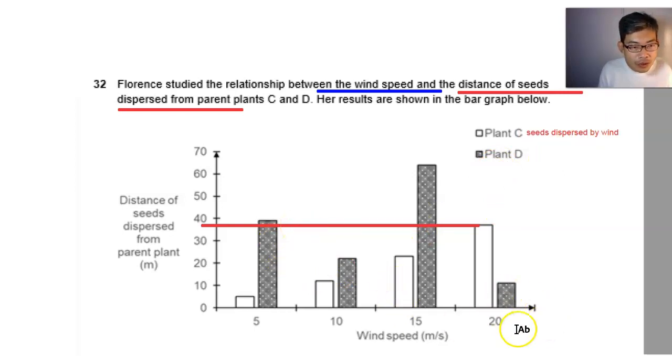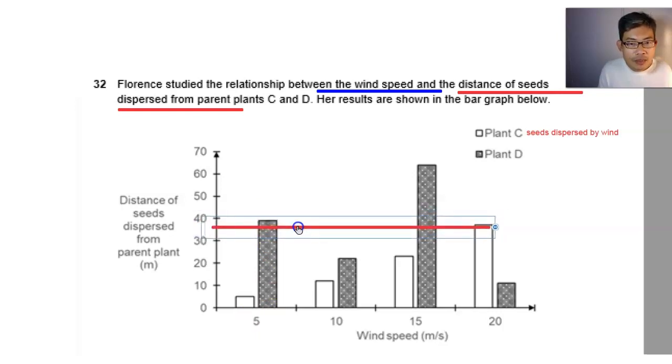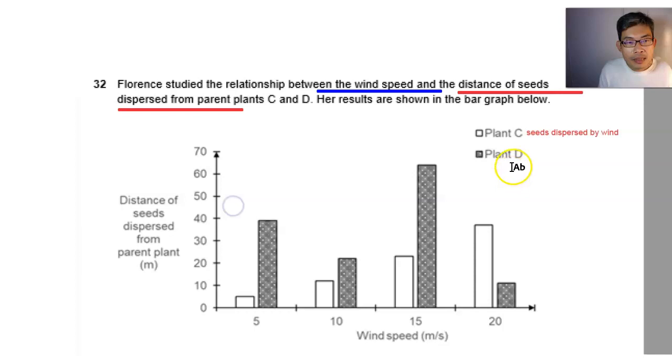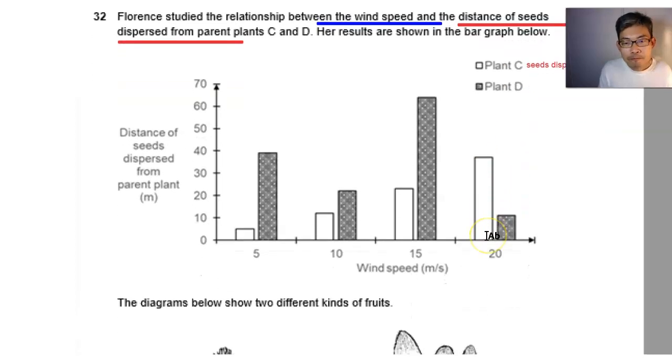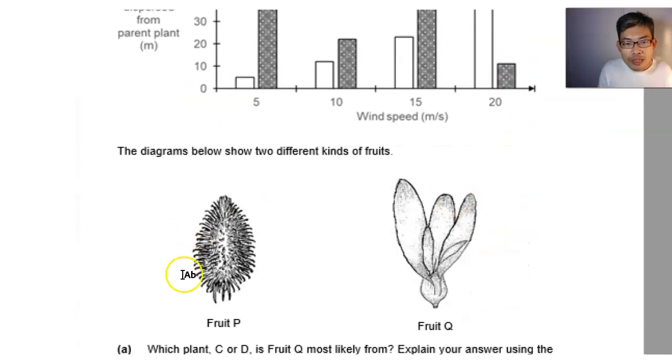Because with the stronger wind speed here, it doesn't disperse that far away. And here the wind speed is the least, yet it's dispersed quite far away from the parent plant, further even than the wind dispersed. So I'm not quite sure how the seeds for plant D are dispersed, but I do know it's not by wind.